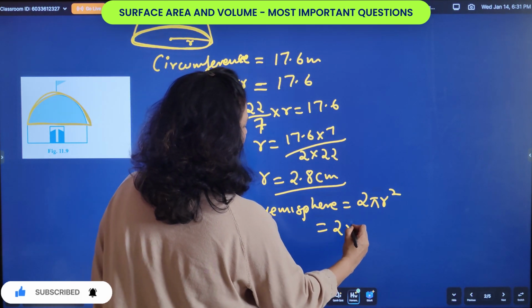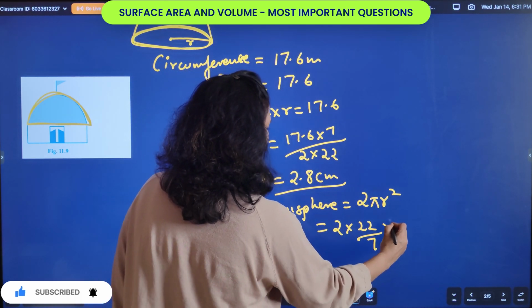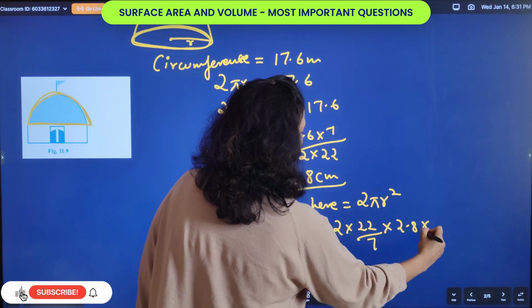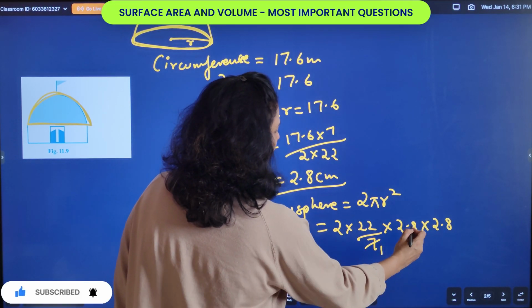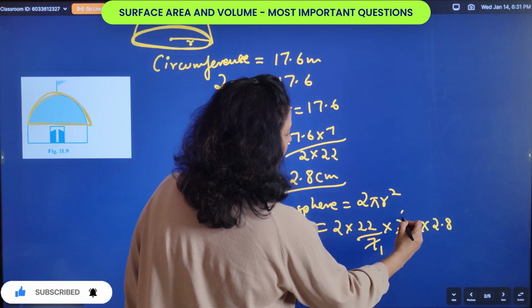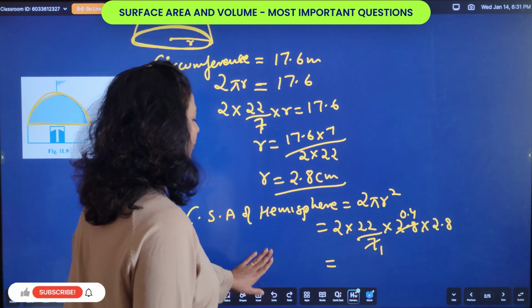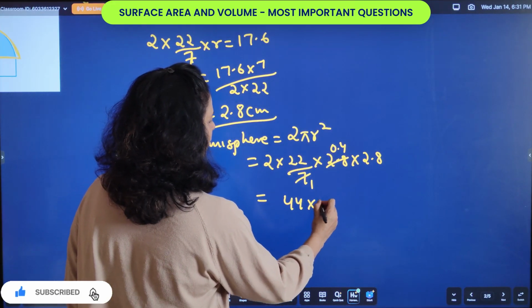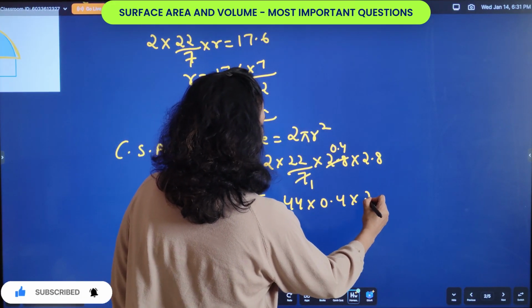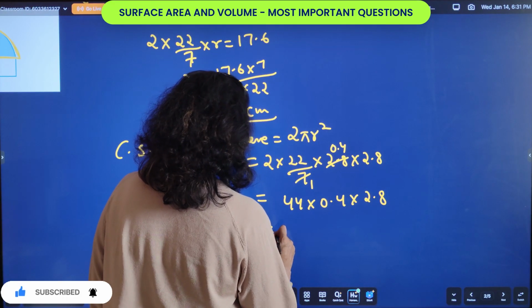So here 2 into 22 by 7 into 2.8 into 2.8. Here you can cancel 7 with one of the 2.8, you will get 0.4. So 2 into 22 is 44 into 0.4 into 2.8.